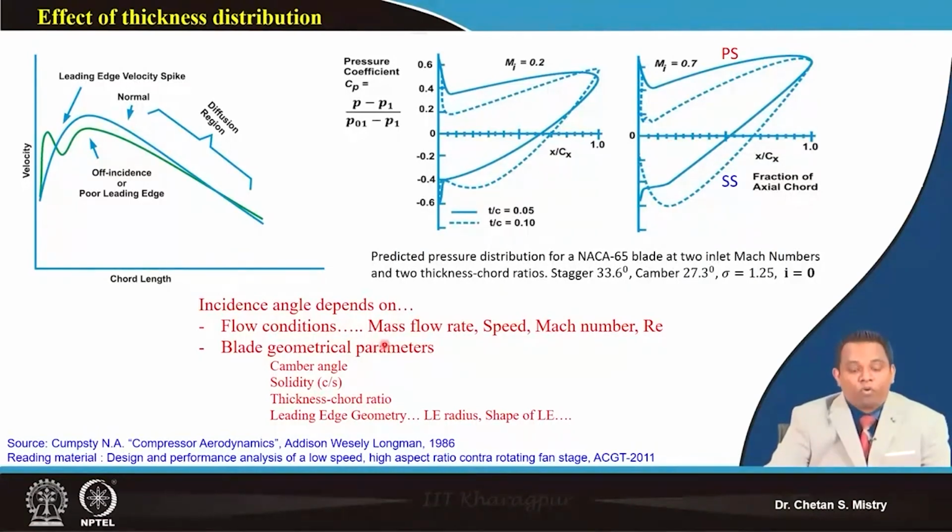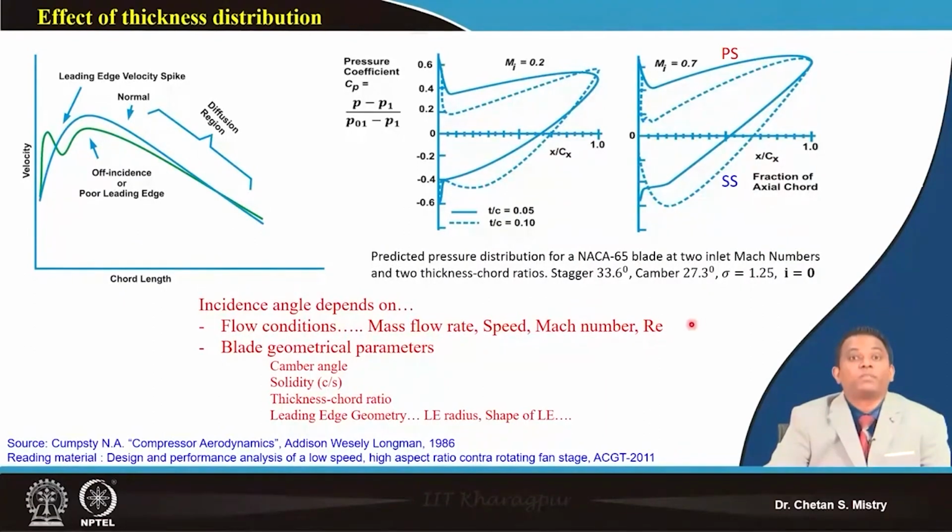So my incidence angle mainly depends on my flow conditions. What flow conditions? What is my mass flow rate, what is my axial velocity, what is my absolute velocity, what is my relative velocity. It depends on my rotational speed of the wheel. It also depends on Mach number and Reynolds number.